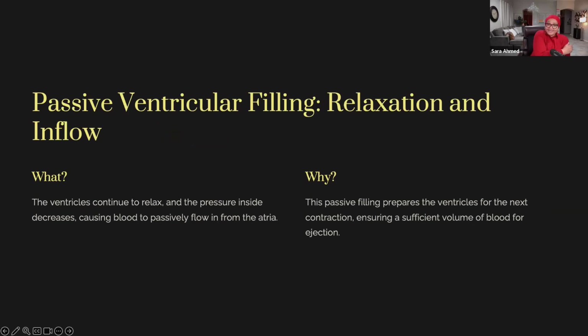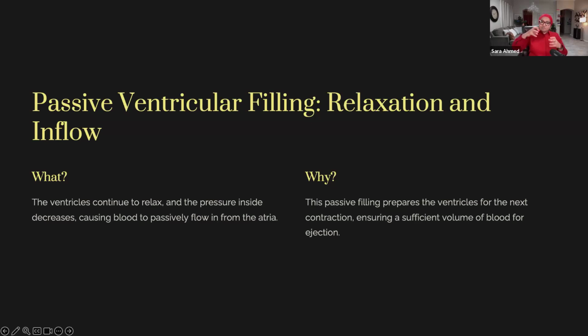Then restarting the process of ventricular filling, which starts with the passive ventricular filling. Just the act of opening the valve, the tricuspid on the right, the mitral on the left, will allow blood to go into the ventricle passively, from the atria to the ventricles.